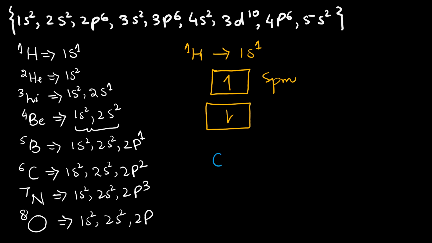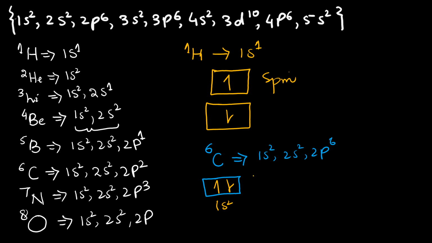if we consider carbon, carbon has 6 electrons. So the electronic configuration of carbon is that it has subshells 1s2, 2s2, and 2p2. The s subshell has the ability to accommodate 2 electrons. So the 1s subshell will accommodate 2 electrons with opposite spin.